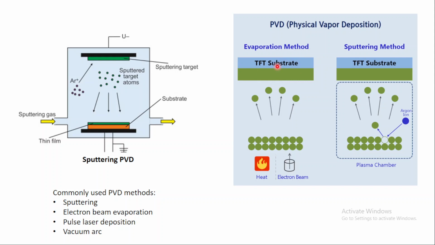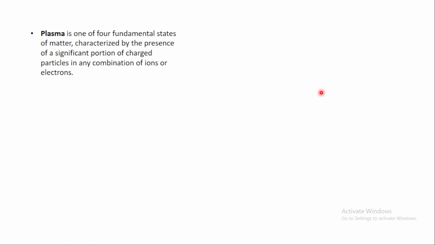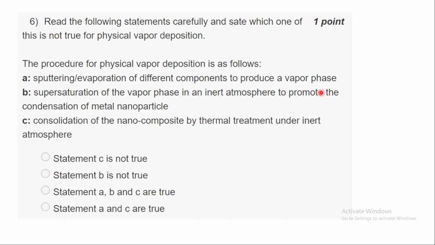Instead of this substrate, if we deposit another nanomaterial on the surface of the previous nanomaterial, then it will be a nanocomposite. So option C is also correct. The answer is that statements A, B, C are all true. None of them is wrong.